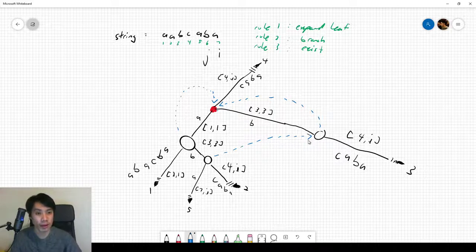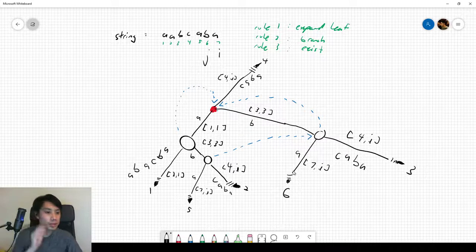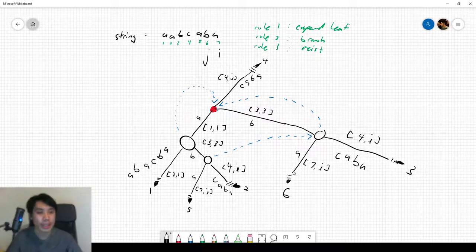Then finish off with my BA, which is what you see here, right? So it will be A, it will be 7i. My J is 6, so I'm going to put a 6 over here. Okay, and I'm done here.